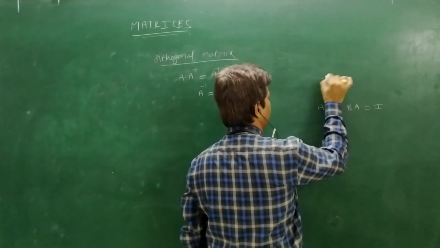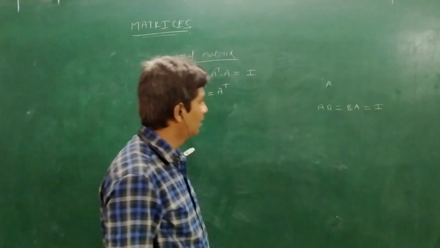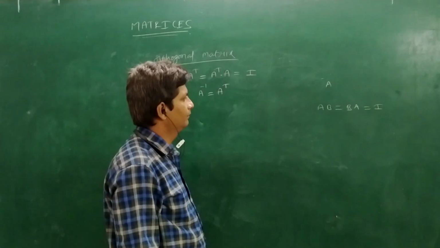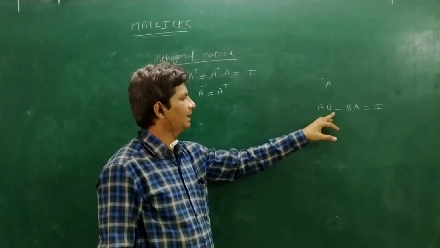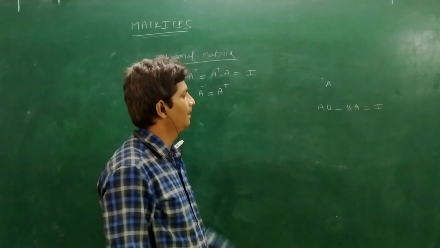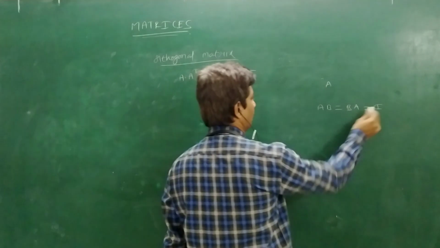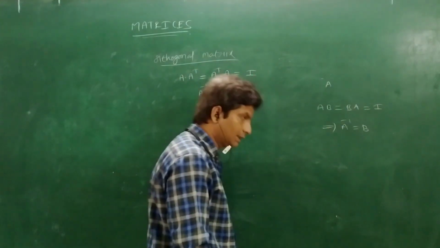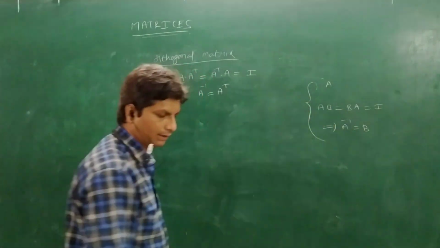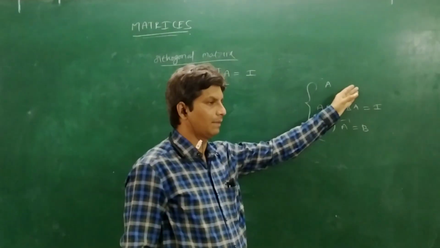How to find inverse of A? Let capital A be a square matrix.